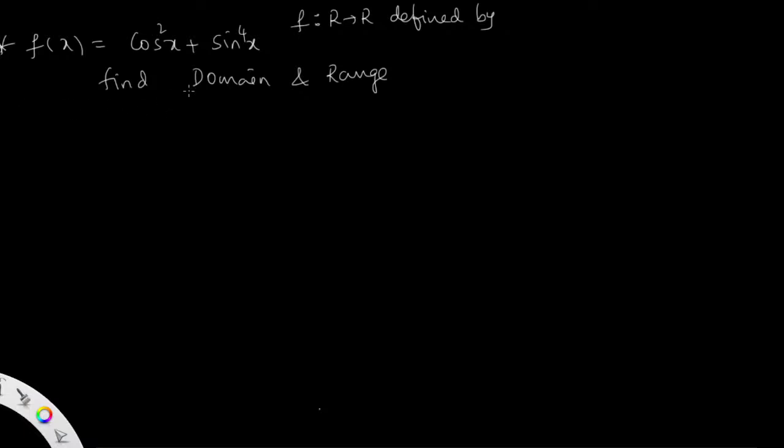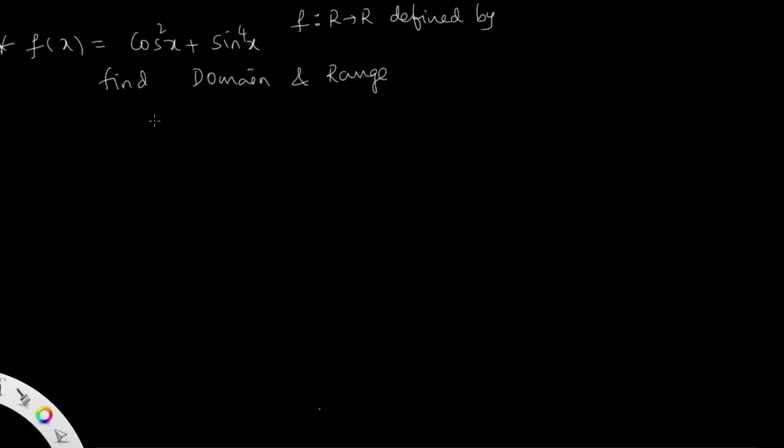So how to find the domain and range of cos square x plus sin power 4x? This is not type 1. Going to the step by step method to find the range is not possible, so you have to convert into a single variable term and then proceed. If addition of terms is there, you have to convert.